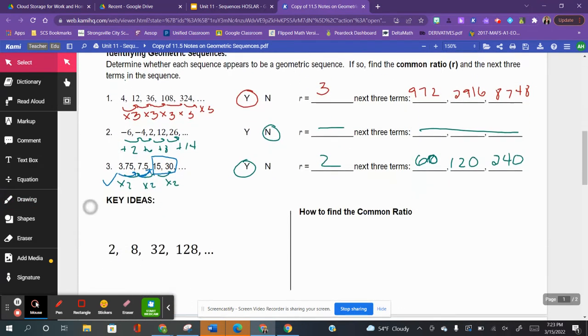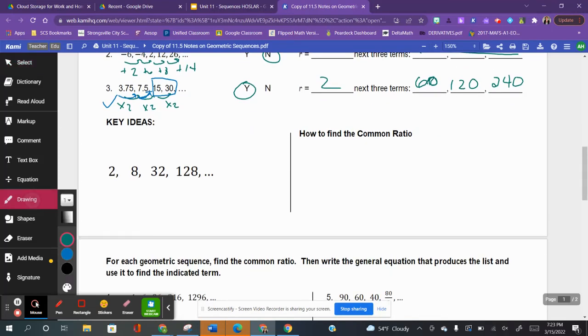We'll come back down here to some key ideas. And the first thing I'm going to say is remember that this is the first number in my list. And so this number 2 would be considered f of 1. If f of 1 equals 2, it's because the first number in the list is 2.